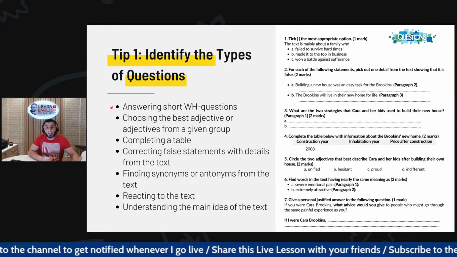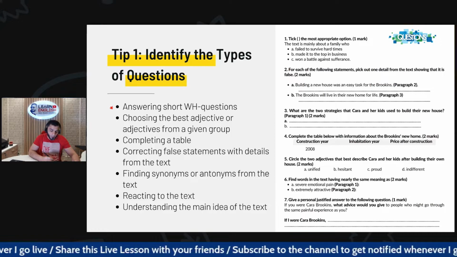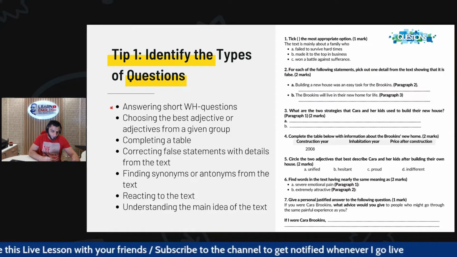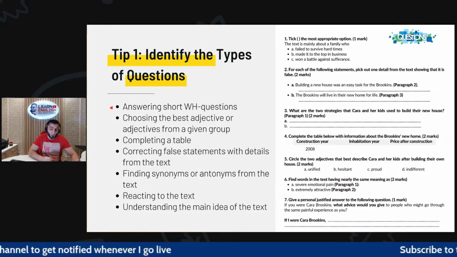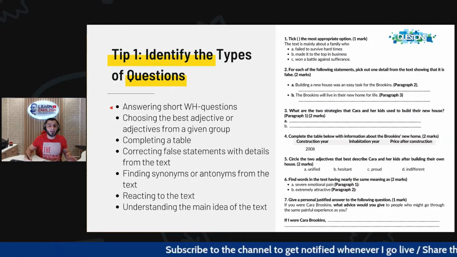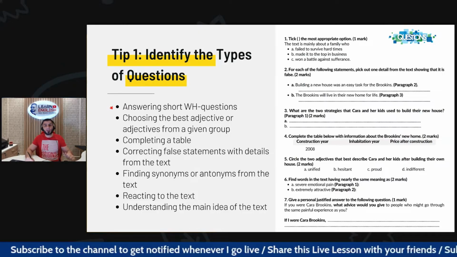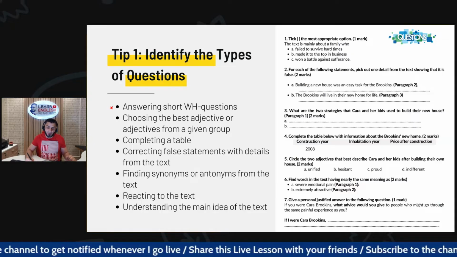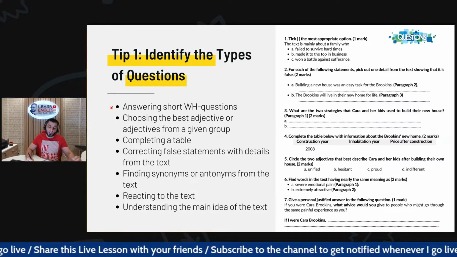Then we have completing a table. Then we have correcting false statements with details from the text, then finding synonyms or antonyms from the text, and of course, before that, reacting to the text and understanding the main idea of the text. So these are some. Of course, there are other types, but these are the ones we have in this exam. So let's start with the first question.